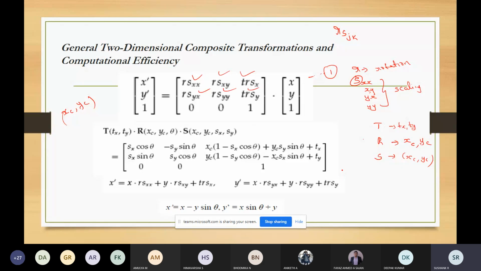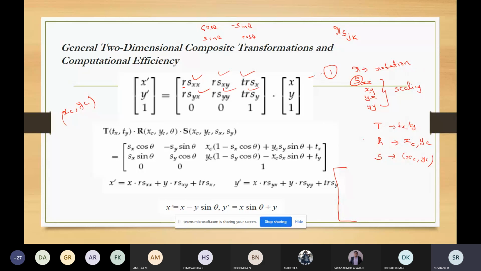What is the first term? R and S, rotation and scaling. R contains the rotation angle, which is given by cos theta, minus sin theta, sin theta, cos theta.